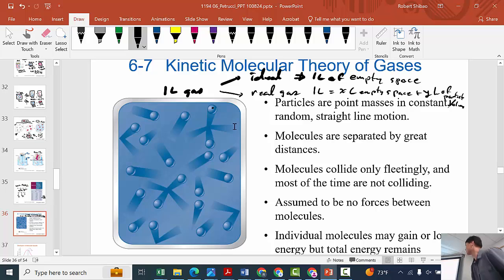It depends, if the particles are really small, like helium atoms are really small, then it's fairly ideal. But if the particles are big, like sulfur hexafluoride or even bigger ones, then it deviates more. So the bigger the particles, the more it deviates from ideal behavior, because ideal behavior, we have these point masses which don't occupy any volume.